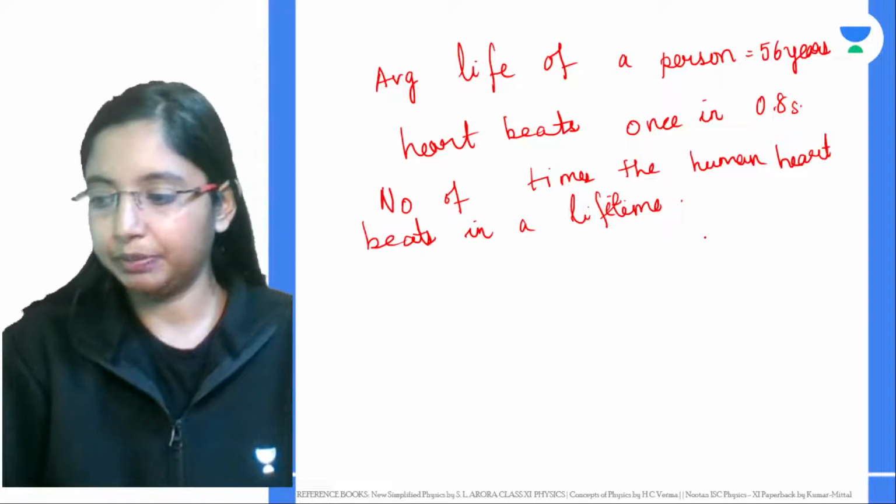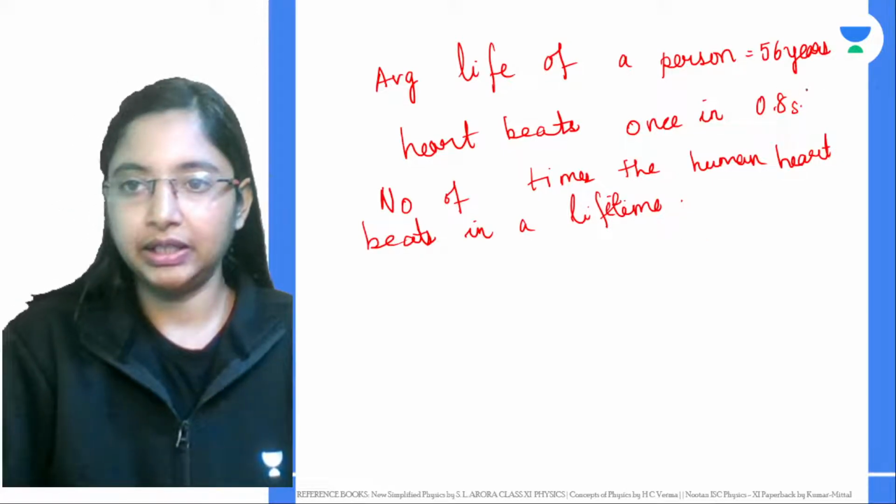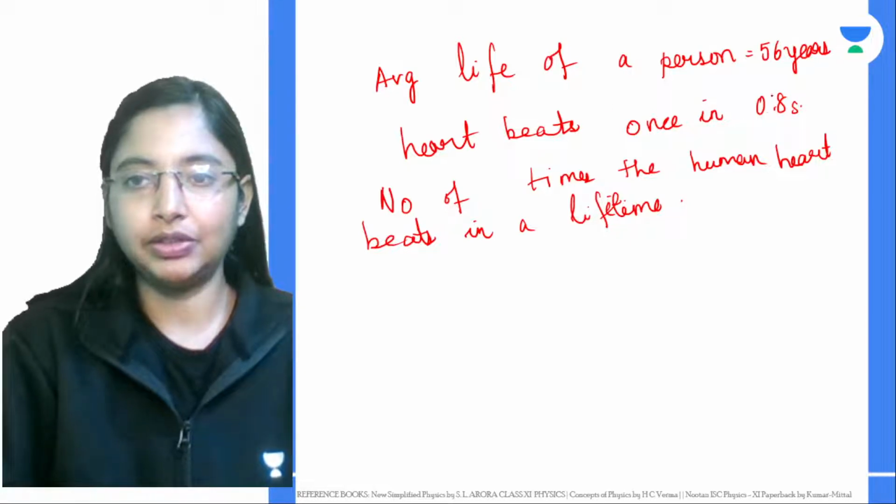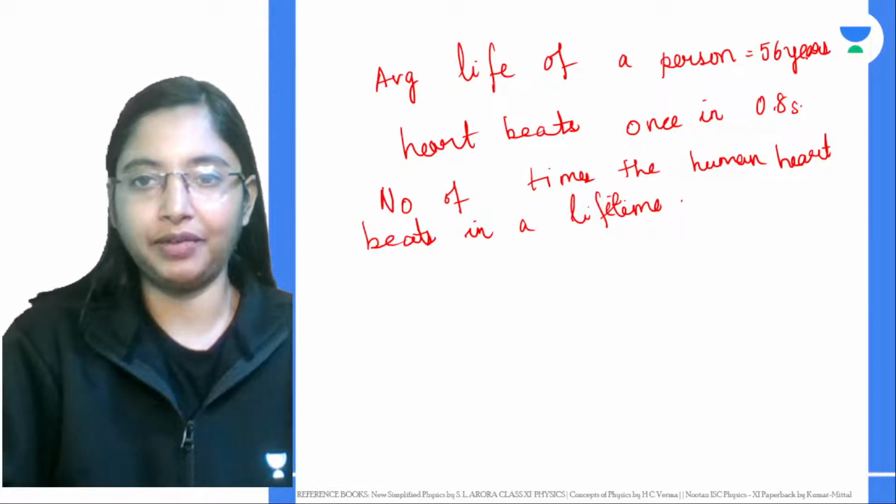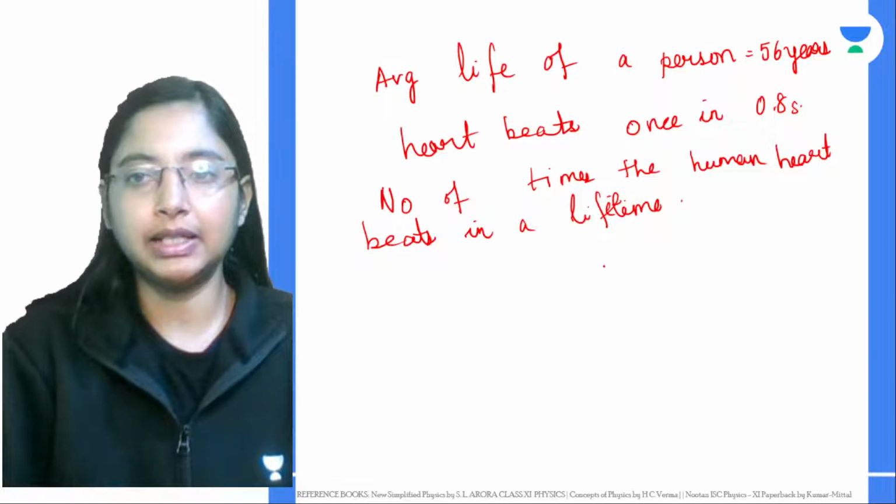Very simple. Here we have the heartbeat in seconds, and the average lifespan of a person as 56 years.